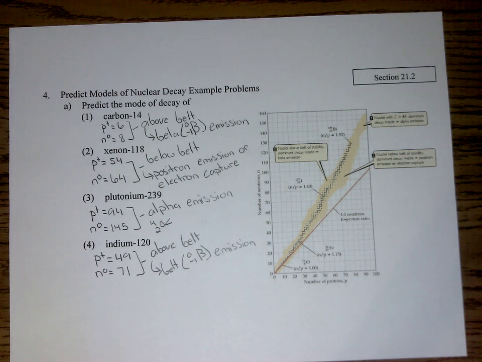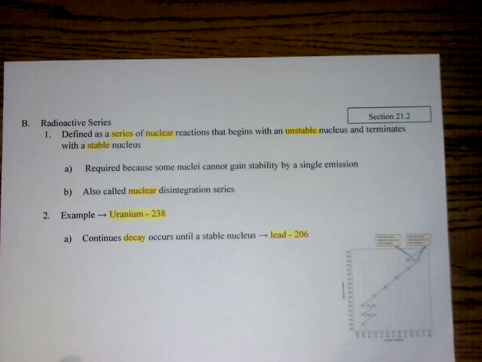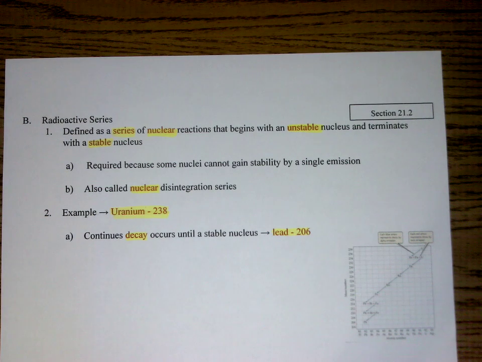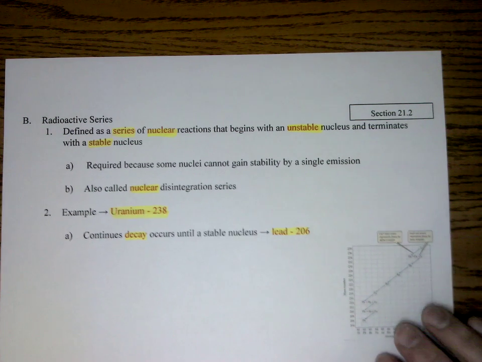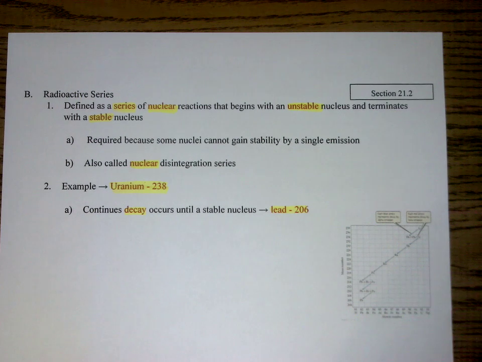All right, so let's go through our last bit of business here, and this is our radioactive series. So radionuclide, if we've determined something has that radionuclide, we are going to want to determine, well, when does it get stable? What a radioactive series is basically a series of radioactive decays or emissions that a nucleus undergoes until it becomes stable.